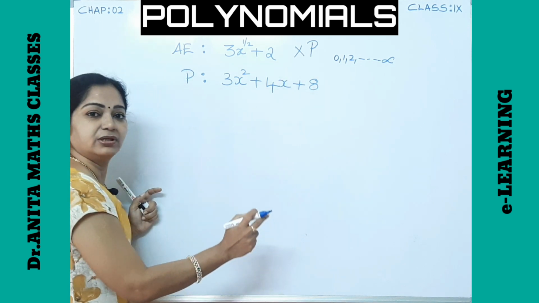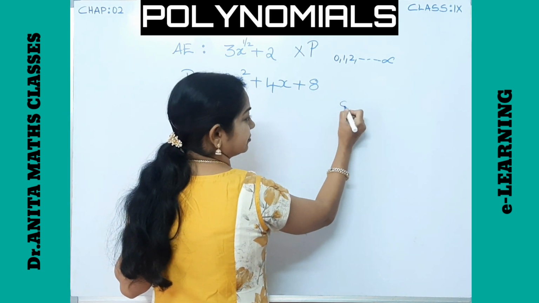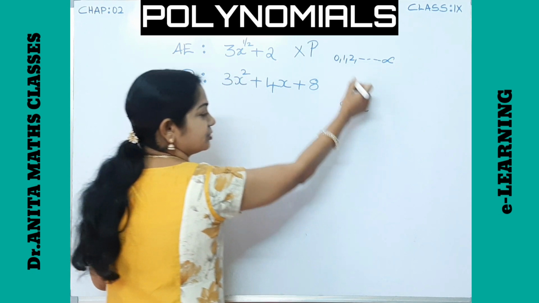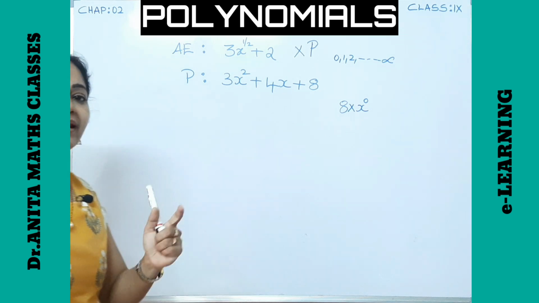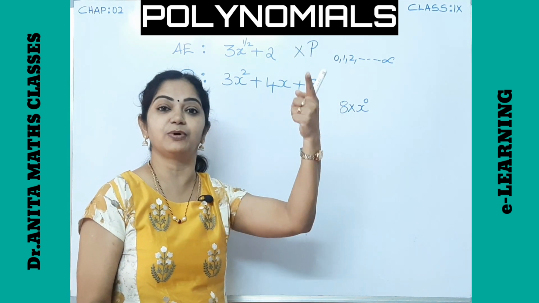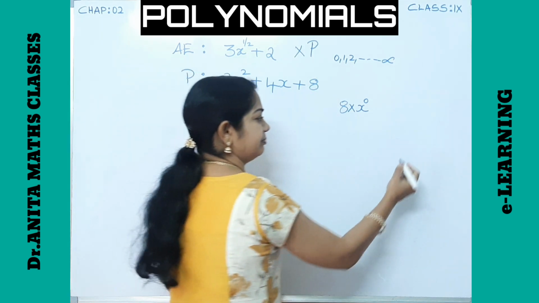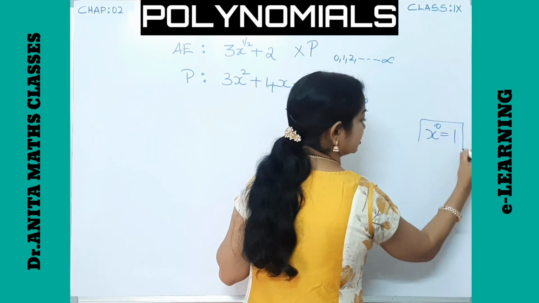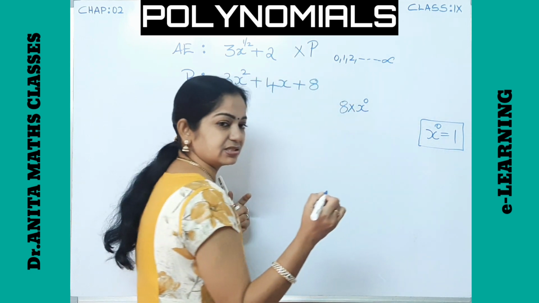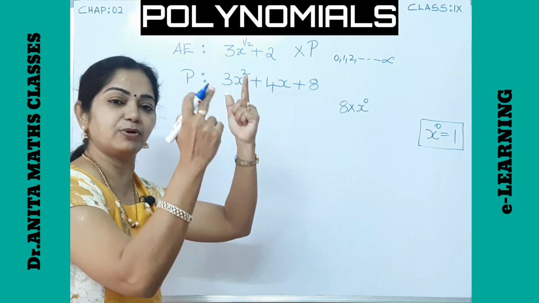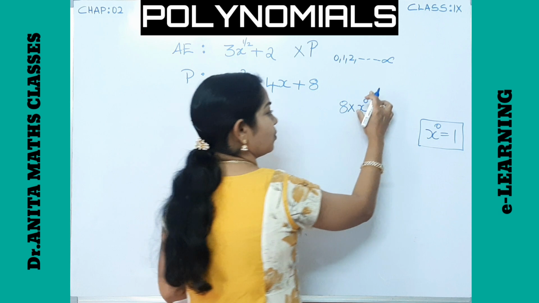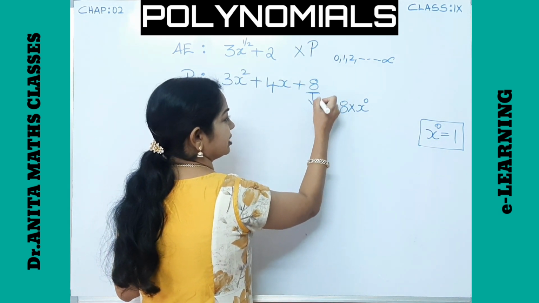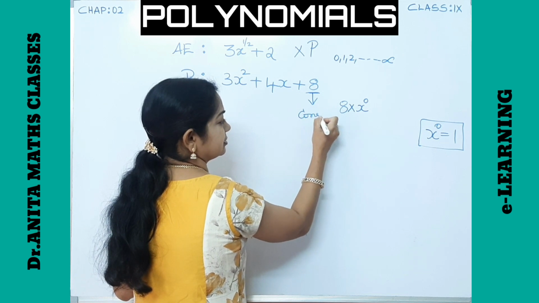Here also, if you see the number 8, it is into any constant raised to the power of 0, and 0 is a whole number. Anything raised to the power of 0 is 1, according to the law of indices. So 1 into 8 is 8, and this is the constant, isn't it?